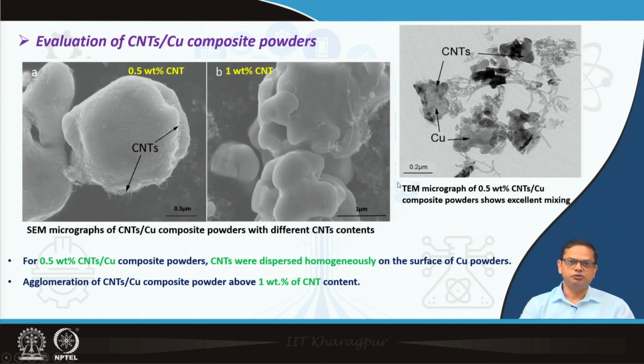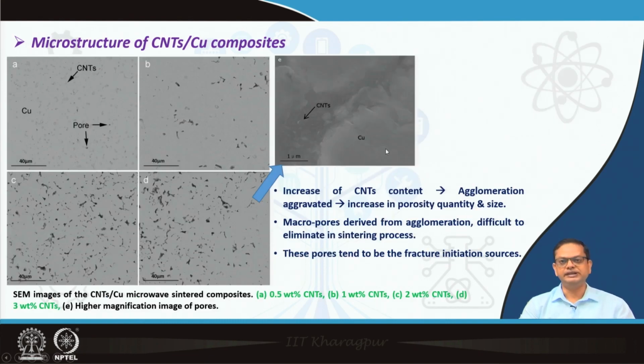All right. Now, if we look at the densified microstructure, with increase in CNT, different microstructures have been shown, A, B, C and D, from 0.5 to 3.8%. Obviously, 0.5% shows a very nice compact, without any porosity observed on the surface, though there are very minor micro porosities.